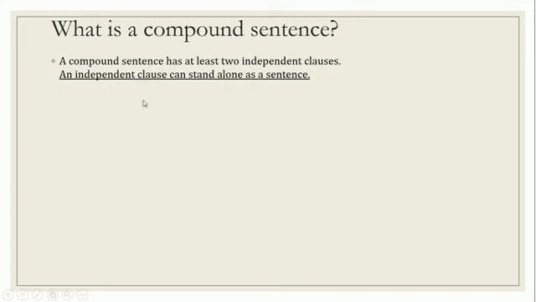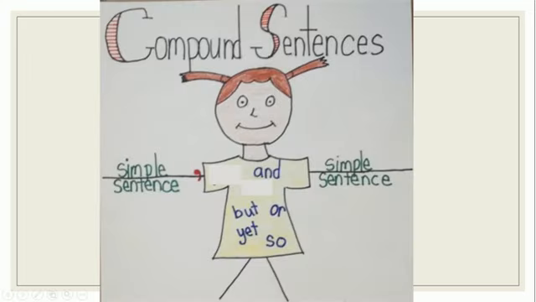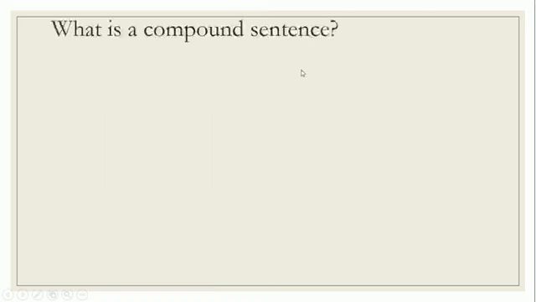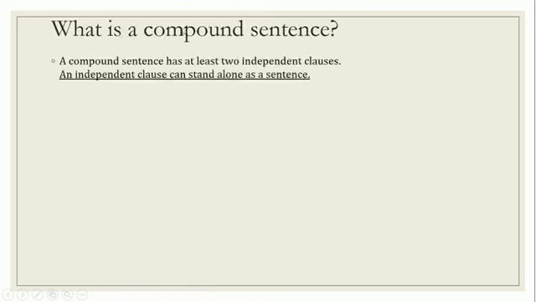A clause consists of a subject and a finite verb. So, basically, a clause is like a simple sentence. So, this idea and also the idea of this information are actually the same.